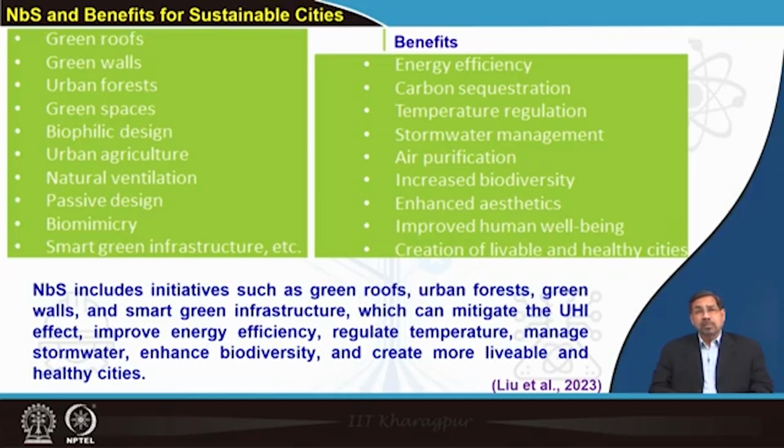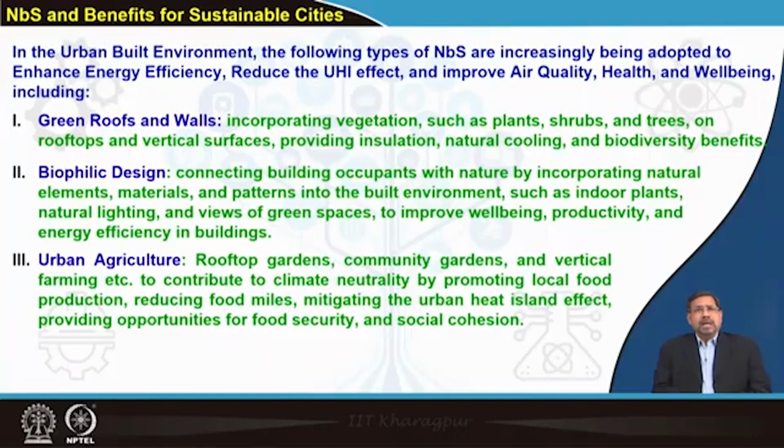They do manage storm water, as we will see in our next class, week 7 lecture 5, where we will see how they hold water, or in terms of percolation delay the water falling or reaching the ground, thereby reducing soil erosion, and in many other ways manage storm water. They also enhance biodiversity and create more livable and healthy cities. The reference is also mentioned in detail at the end.